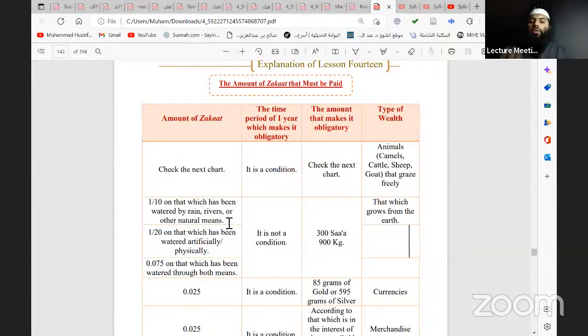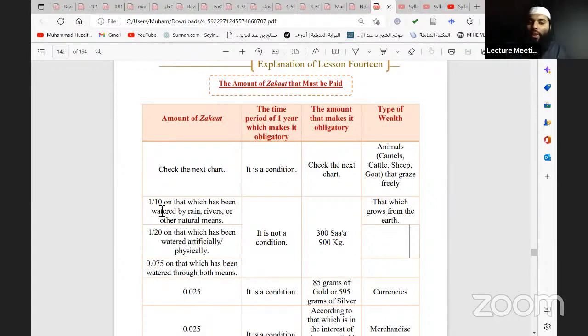So if you have land that is growing, okay, and it's reached 900 kg, how much zakah do you give? It differs. You have to look, okay. If it was naturally done, you've not had to put that effort in of watering and taking care of it. Naturally, the rain came and it just did it, right? In that, you give 1/10.